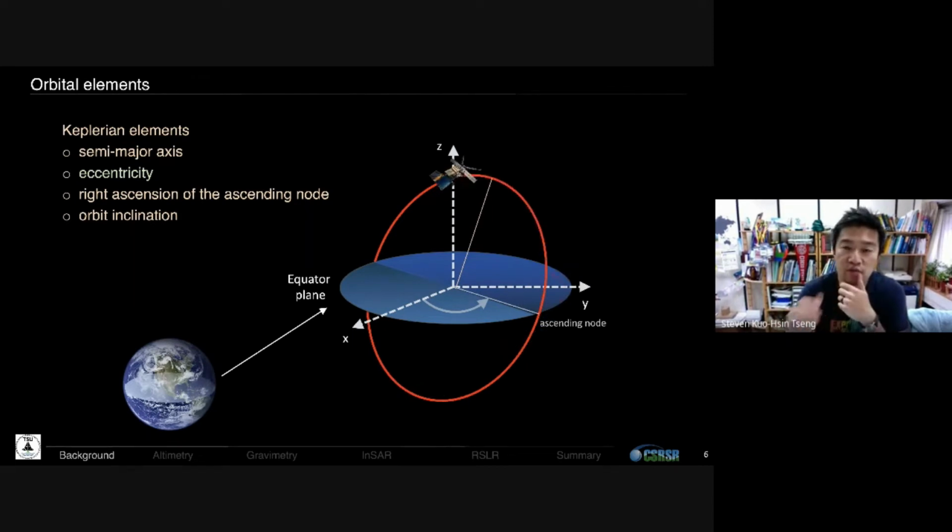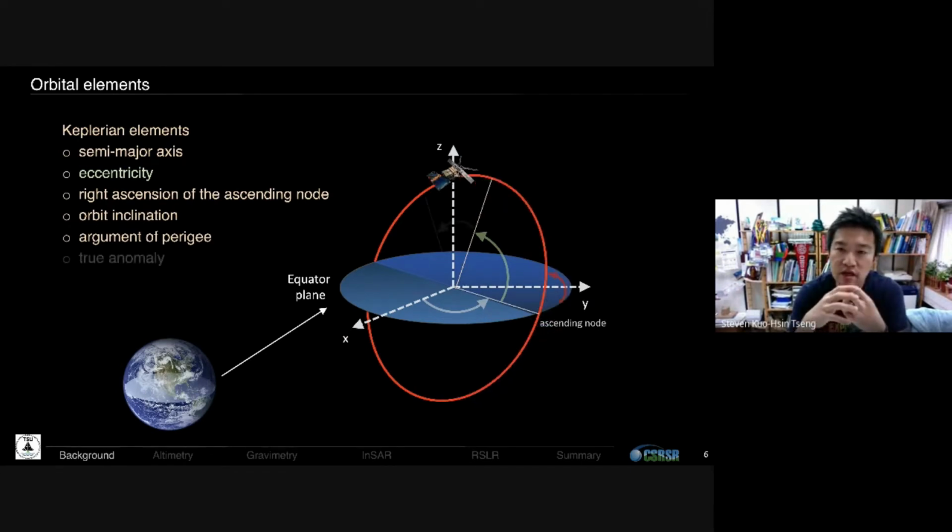So the first is semi-major axis. Semi-major axis means how high the satellite would fly. So it's basically the size of this orbital plane. And the second is eccentricity. The eccentricity means how flat this orbit is.